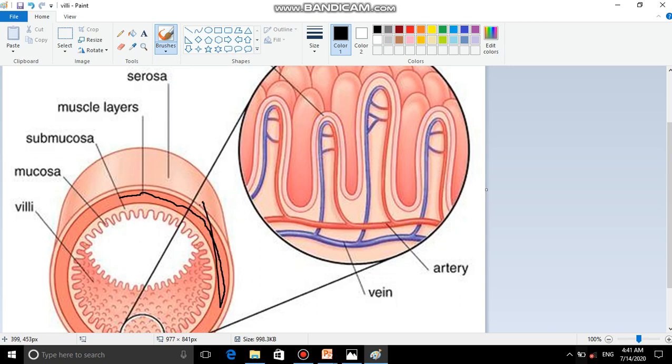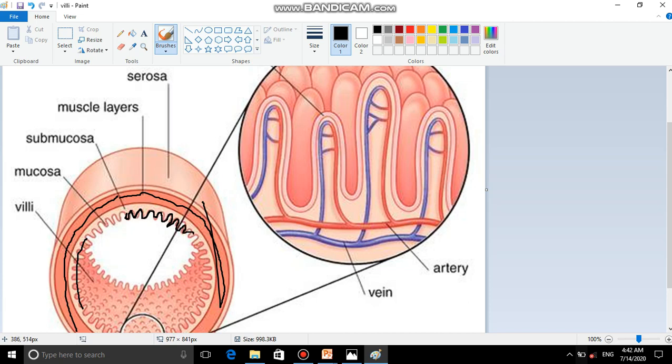This is the wall of small intestine. And this one is the inner surface, inner wall of small intestine. Outer wall, inner wall. And you can see that inner wall of small intestine is actually modified into finger-like projections like this.